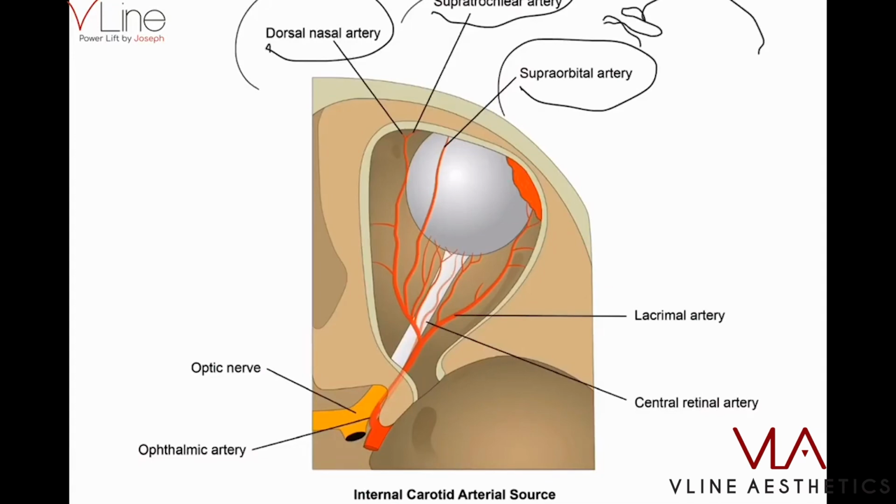The temporal area connects with the lacrimal artery, and the forehead connects with both of this and this. And when we do nasal contour, it connects here. So those are the entry points by which product could come in.